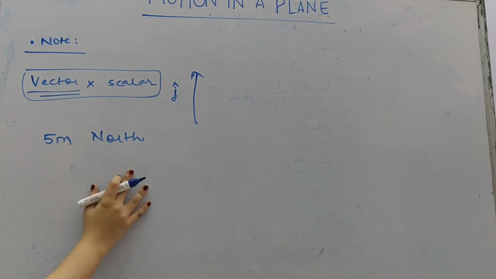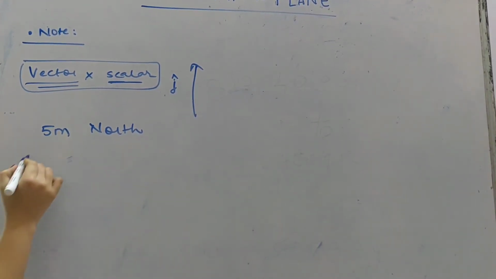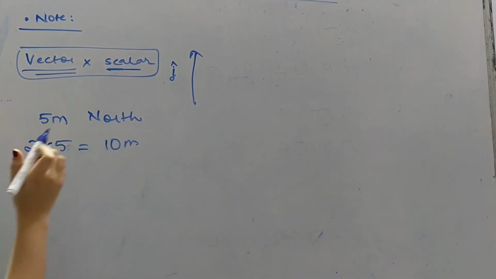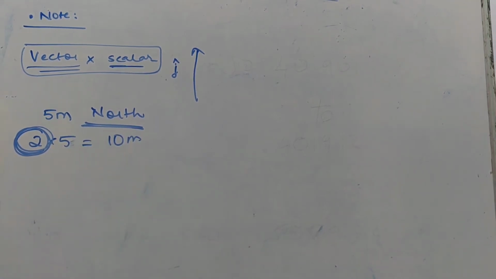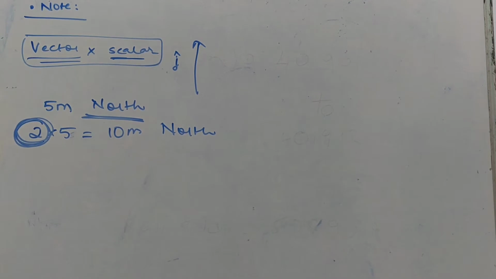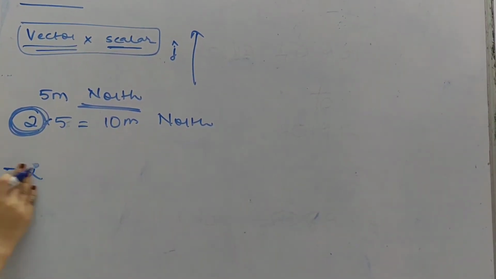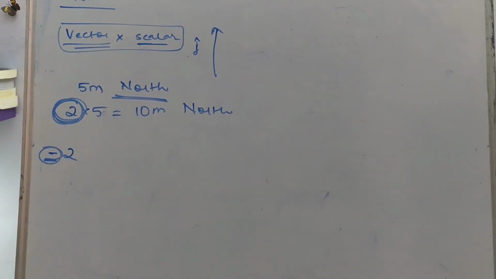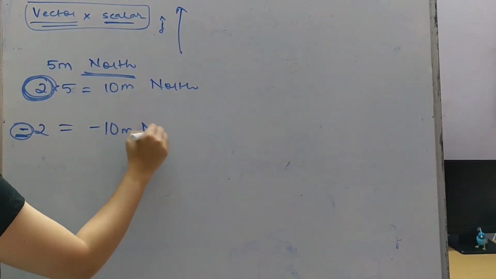So 5 meter north. Now I multiply by a scalar, say 2. So it will become 2 into 5, which is 10 meter. But multiplying by a scalar quantity does nothing to the direction. So it is still 10 meter north. Now what if I multiplied by minus 2? Minus itself is a direction. So it will give me minus 10 meter north.